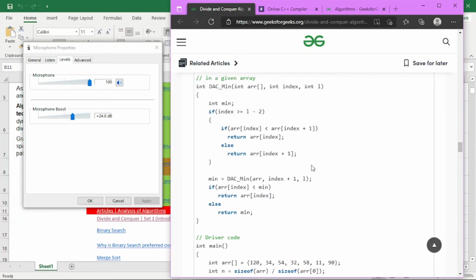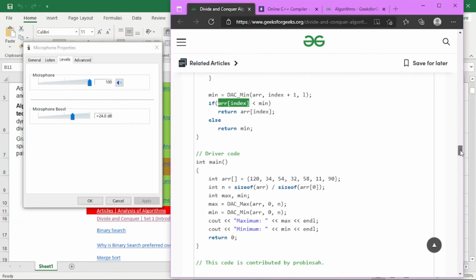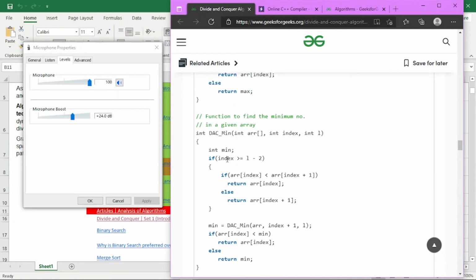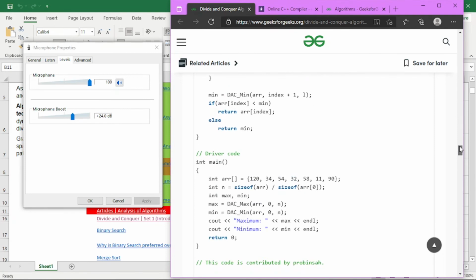Then minimum will be 11, and we will compare with the previous index element, because in the stack the index element which was passed for that last call will be 58 here.